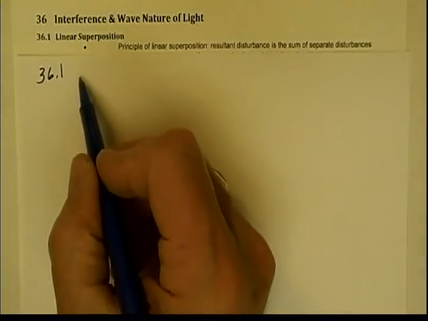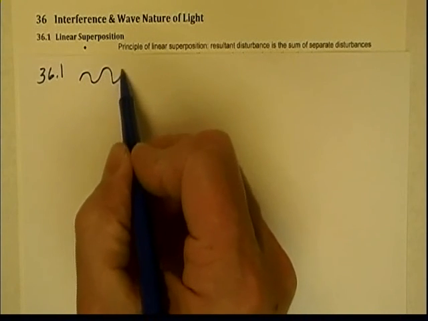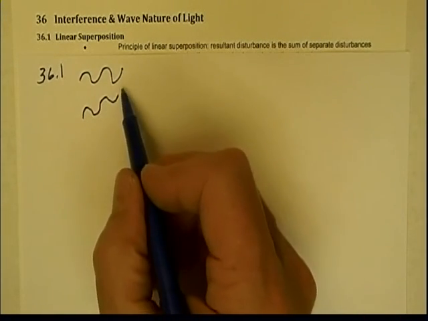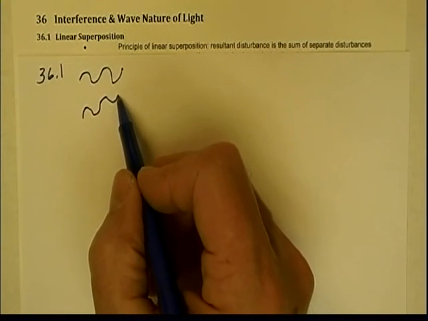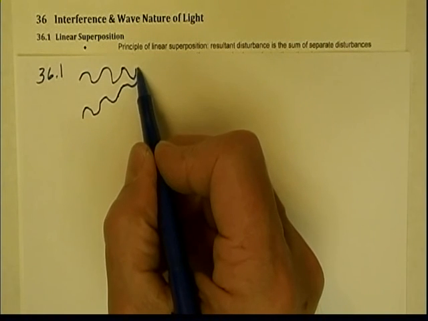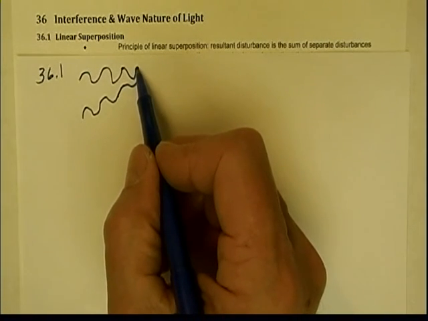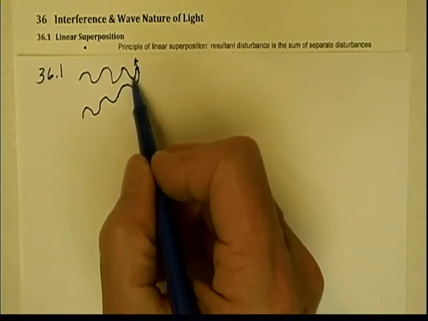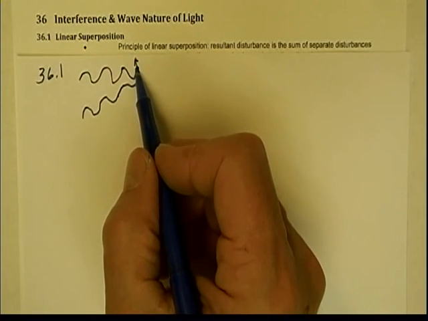Now we can see this with water waves. If a water wave is coming along here, and another water wave, maybe due to two rocks that are thrown into the water, comes along here, and as these go along, if they go to this point here, you can see that they're both saying the water should move upward. These are both what we call in phase.